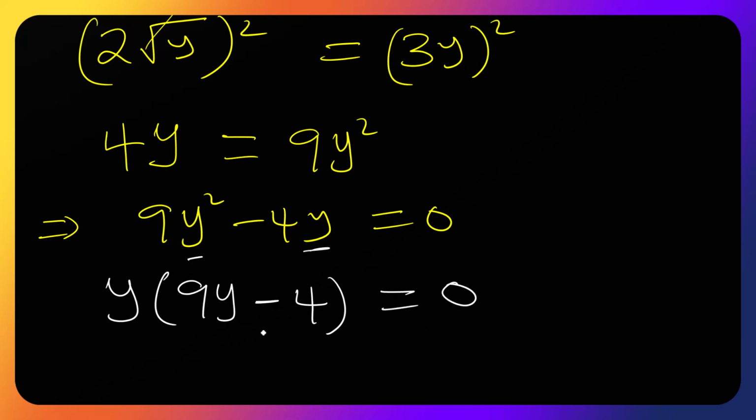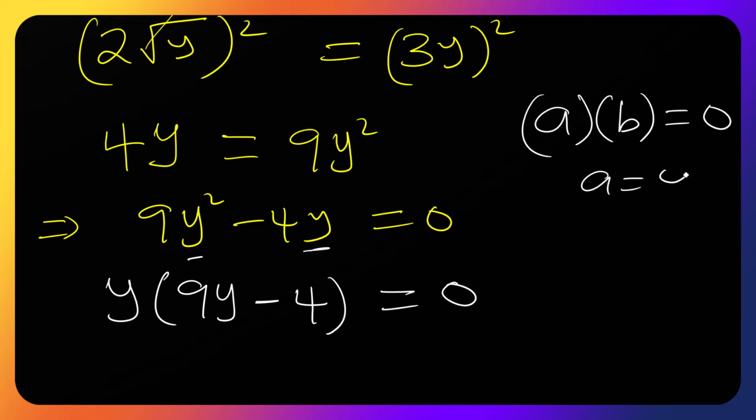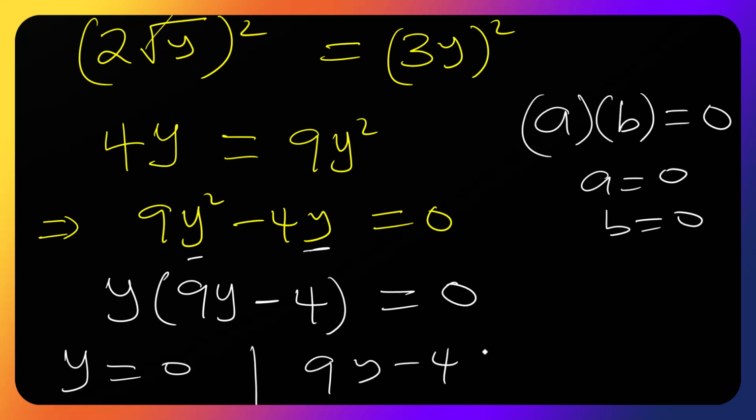With the idea of zero product, so this one is called zero product. When we see a times b equal to 0, this one means a equals 0 or b equals 0. So from here, I can say y equals 0 or 9y minus 4 equals 0. So the first solution is 0 here. Now let's solve for this.